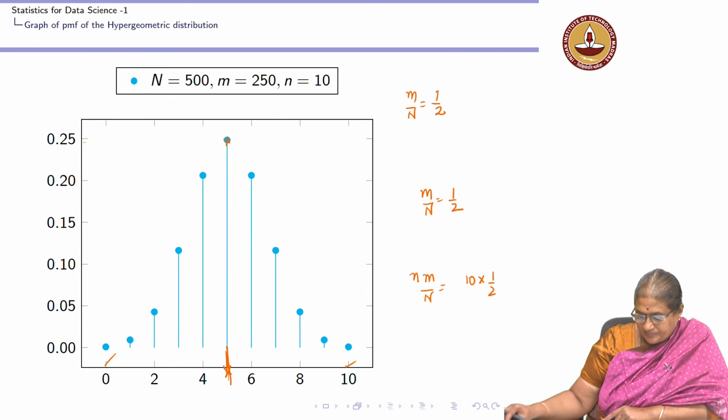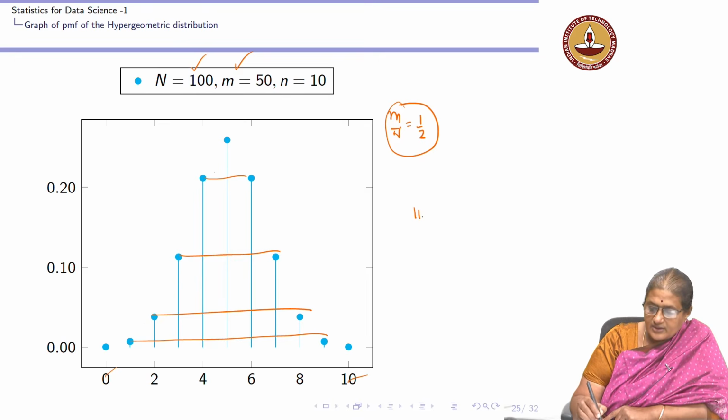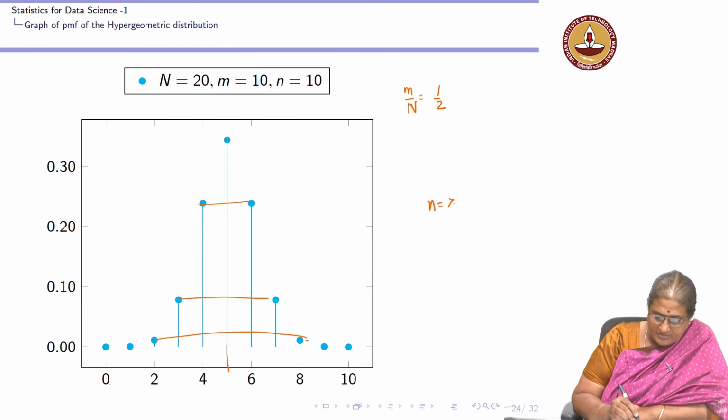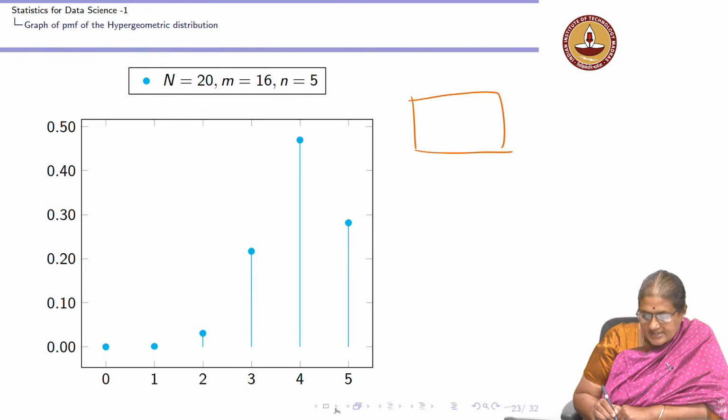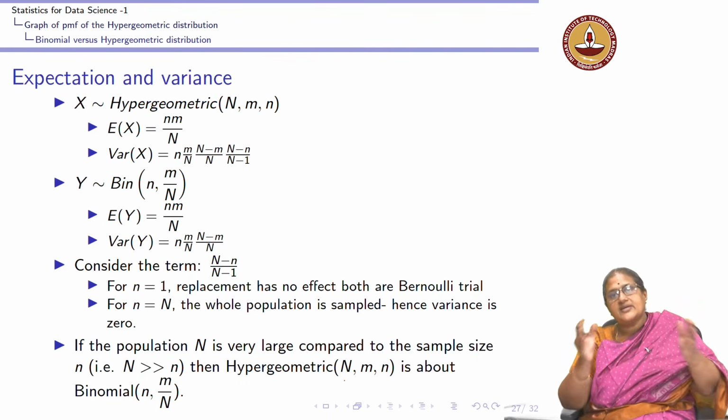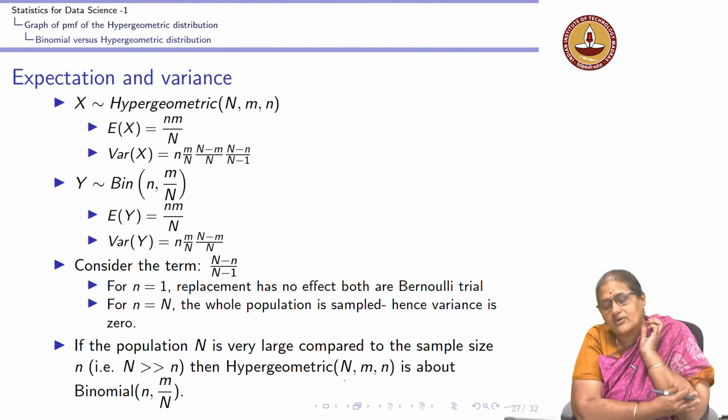In the earlier case, again it was 10 into half, so the mean is at 5. In the case before that, again the mean is at 5, which is n into half, 10 into half, which is equal to 5. So, in all these cases, you can see that the mean was at 5 and the distribution was symmetric around 5.